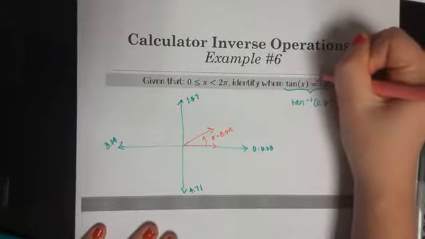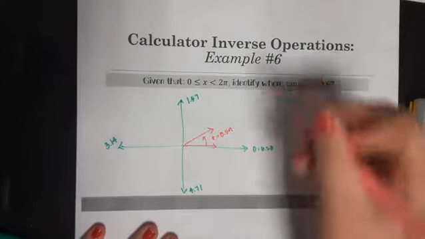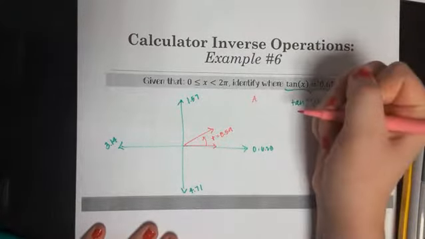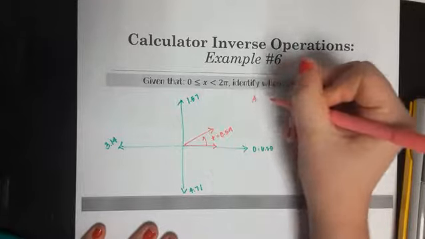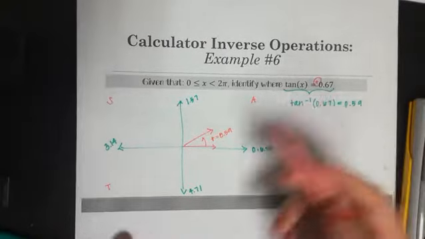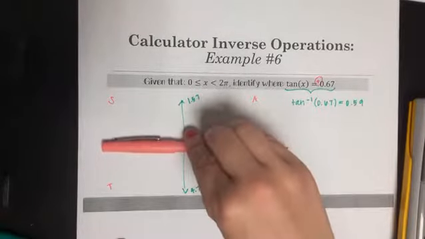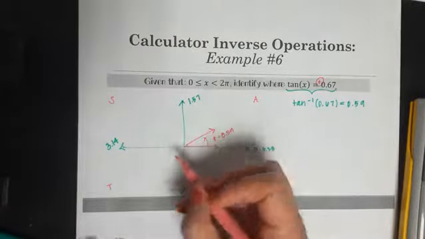But this tangent value is positive, so we need to know where else there are positive tangent values. Here, all of our angles, the result is positive. Here, sine values are positive, tangent's positive, and cosine's positive. Since this is the other region where tangent's positive, we need that reference angle in this quadrant.